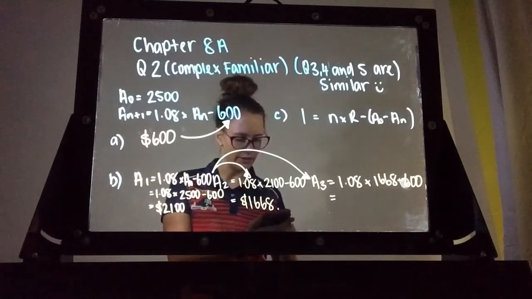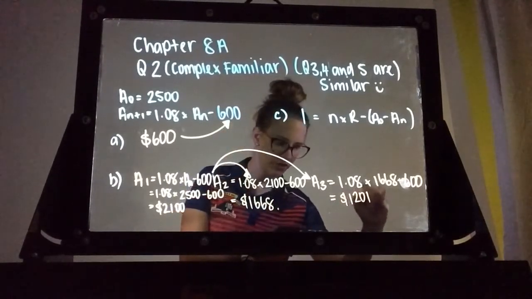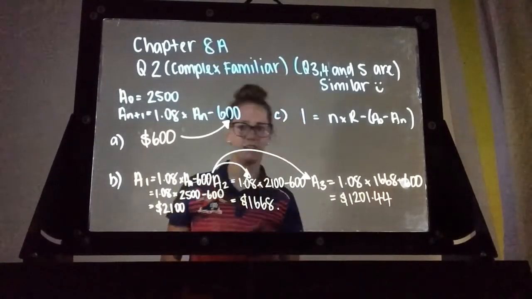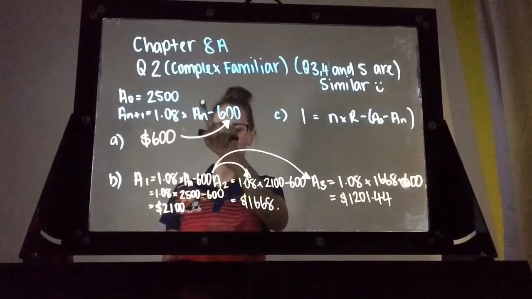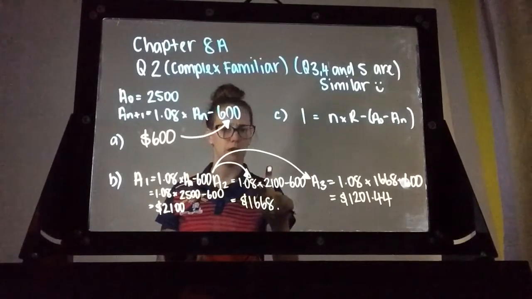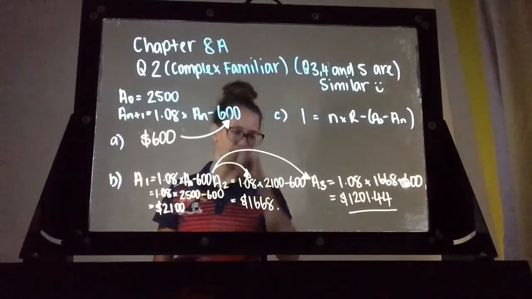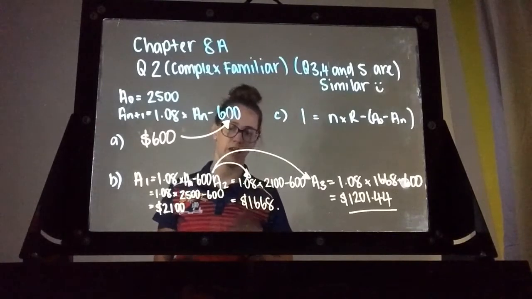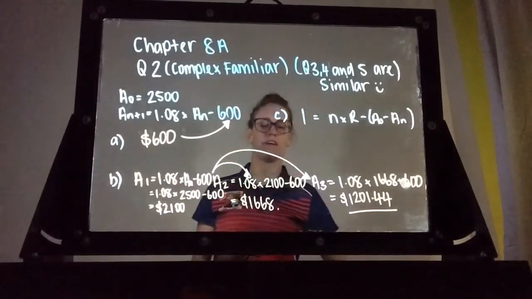Sorry guys. And I get 1,201.44. So my answer to B, after 3 payments, using this relationship, payment 1, payment 2, payment 3, is $1,201.44.